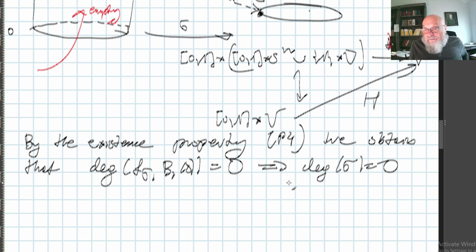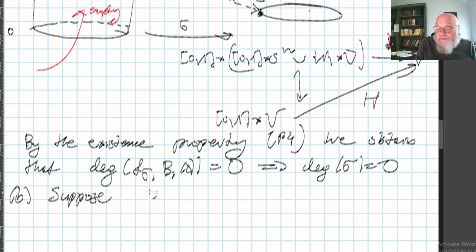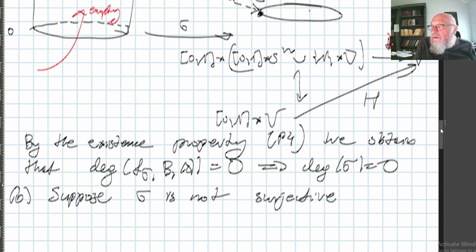Okay, so now of course, in order to prove B, let us look at the place. So suppose sigma is not surjective. So let's make a picture.